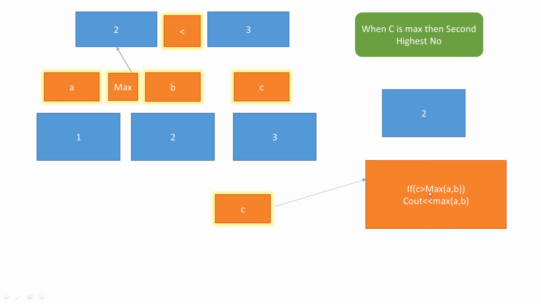So this is how your maximum number will be evaluated. If the number A is maximum, it will print the max of B and C. So this is the question, and we proceed with this logic simply by considering A, B and C as the maximum. Instead of C, the first condition will be this. Instead of B, the second condition will be this. And instead of A, the third condition will be this. This is how we evaluate it.